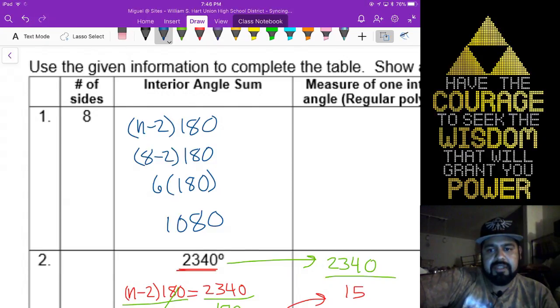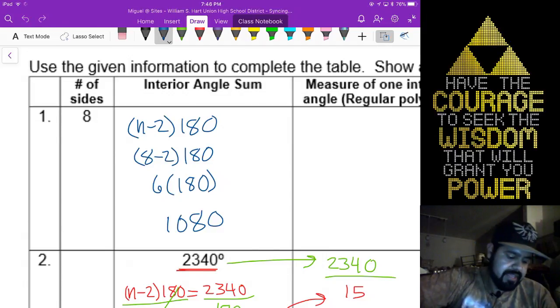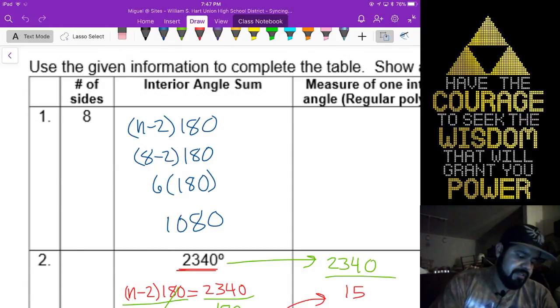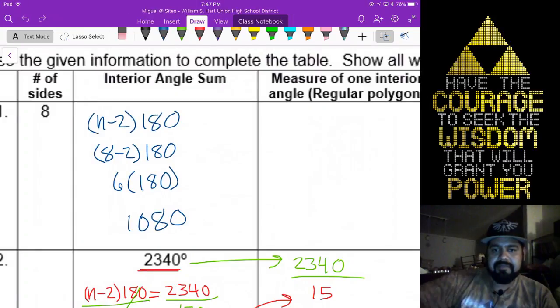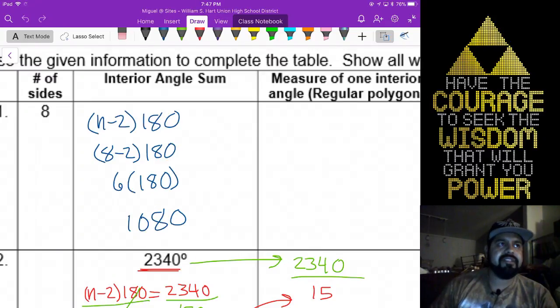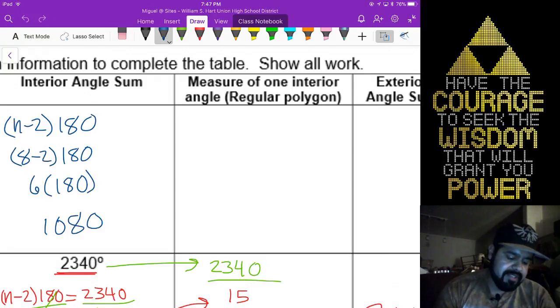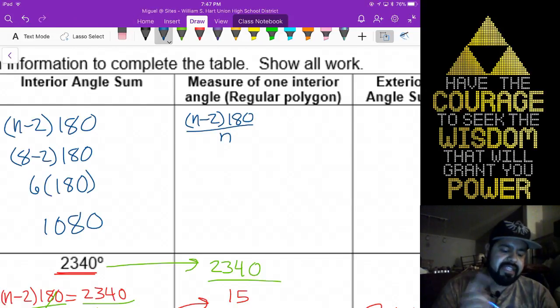Alright. Any other questions? Yeah, I can finish up number 1. I kind of started it for you, Charmaine. So again, you have to remember your interior angle sum. You have that beautiful formula, n minus 2 times 180, whatever the sum for 8 is. Now the measure of one interior angle, if you want to redo the formula, Charmaine, you could say n minus 2 times 180 all over n, but you already did the n minus 2 part.